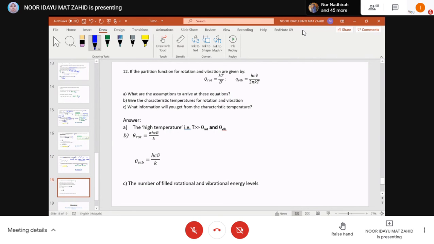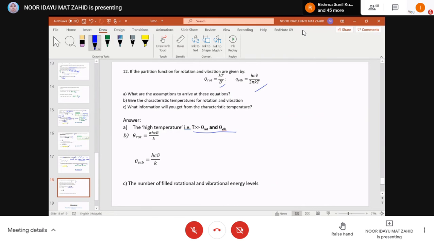Question number 12. If the partition functions for rotation and vibration are given by this equation, okay, what are the assumptions to arrive at this equation? So this equation is only valid if you have exceeded the characteristic temperature. Okay, it has to exceed the characteristic temperature of rotational and vibrational mode.